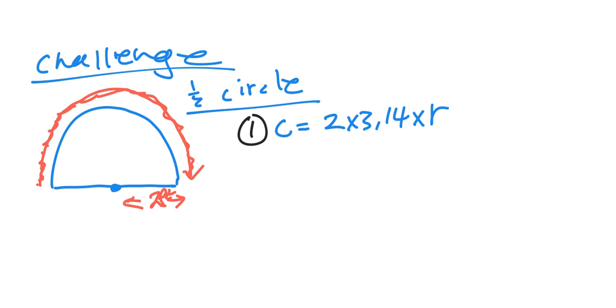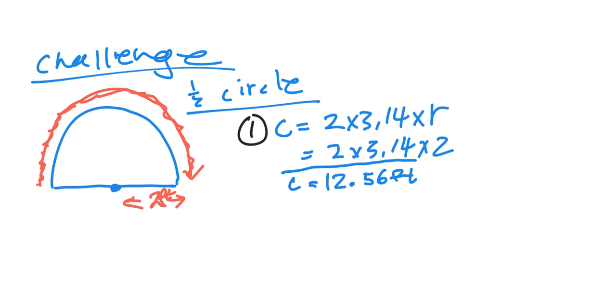So if I want to find the outside of a half circle, here's what we do. We find our original circumference, which is 2 times 3.14 times 2. Okay? And when you calculate that, you're going to get 12.56 feet. So now that I've got that, here's the second part.